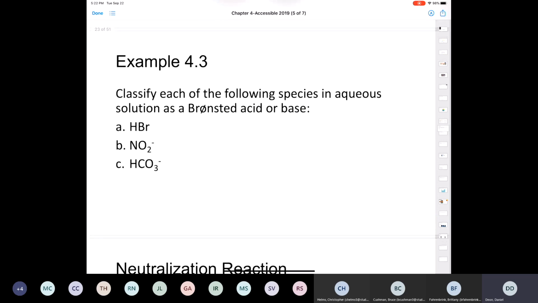It says classify each of the following species in aqueous solution as a Bronsted acid or base. Who could tell me for A, would this be considered a Bronsted acid or base, HBr? Not a trick question. What do you think? Is HBr an acid or a base?